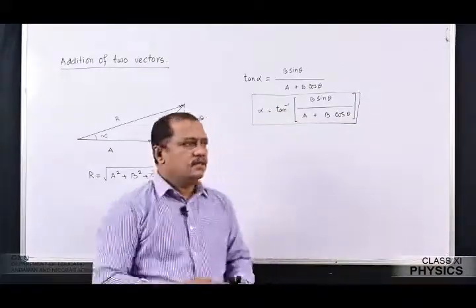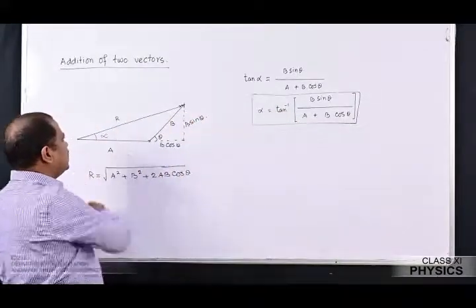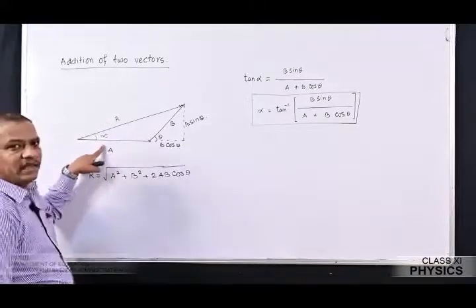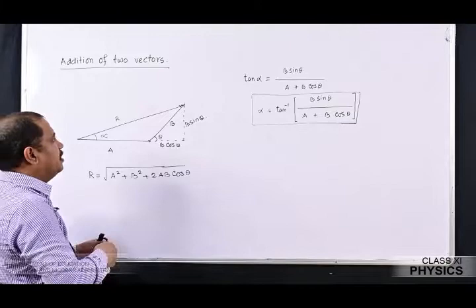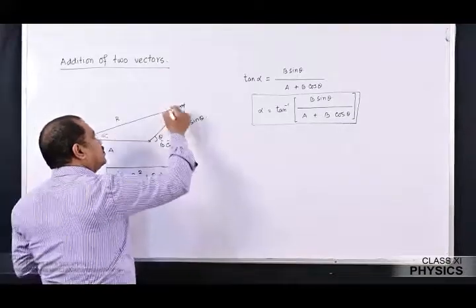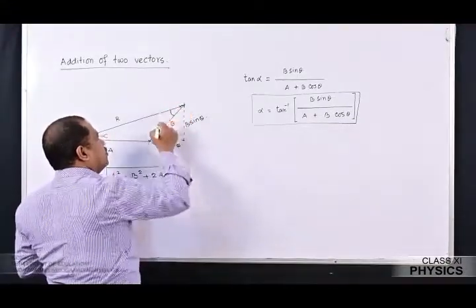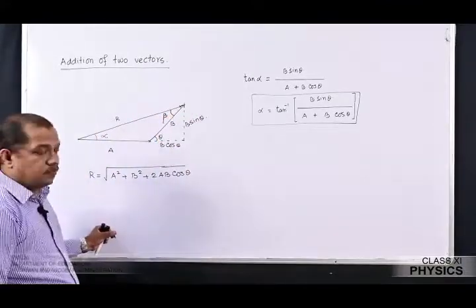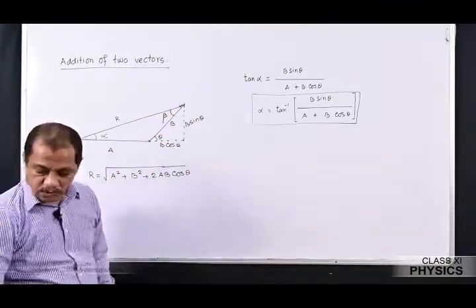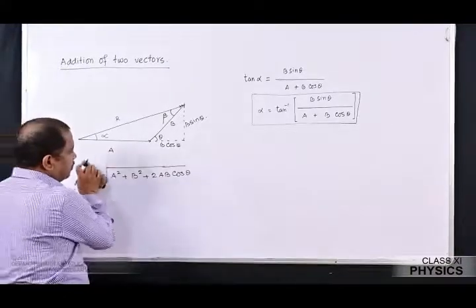Now the question is, sir, alpha is the angle made by the resultant vector with A. Why shouldn't we say that the resultant is making an angle of beta with B? Is it possible? Of course it is also possible. How is it possible? Let's see.